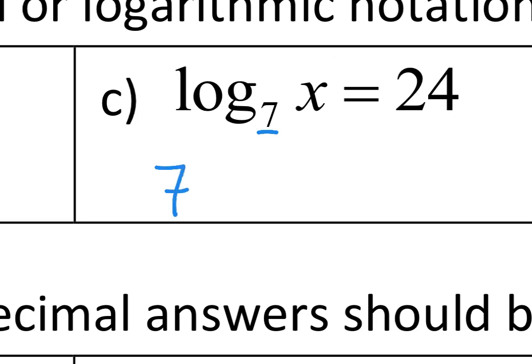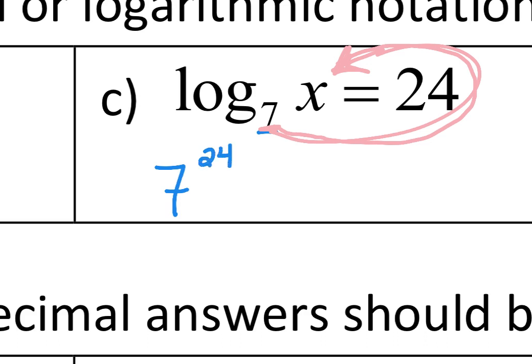And then remember that it's kind of like a swish, or you can think of it as a curly Q, from the base of the log across the equal sign and back over to the exponent. And that's the order that you write the things in. So it's 7 to the 24th power is equal to x.